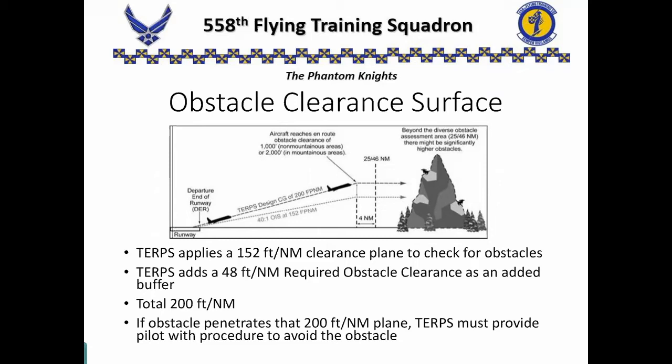Add that up, and that gives us a total of a 200 foot per nautical mile overall clearance plane that they're analyzing for obstructions. That's why our minimum climb gradient is always 200 foot per nautical mile. Now, if anything penetrates that 200 foot per nautical mile clearance plane, the TERPS specialist must provide us with some procedure to avoid the obstacle.